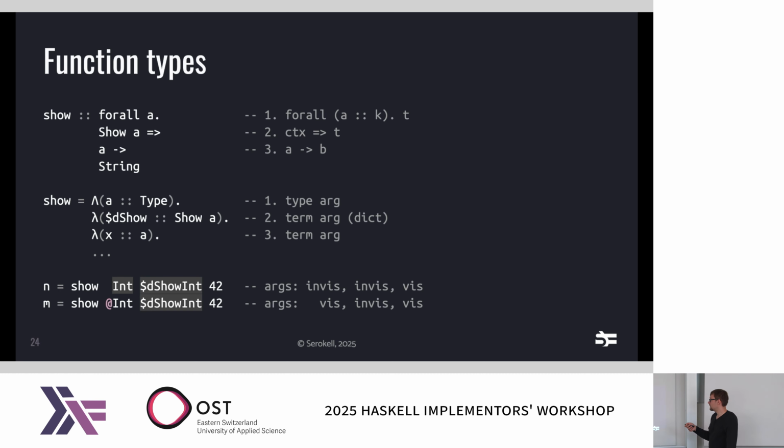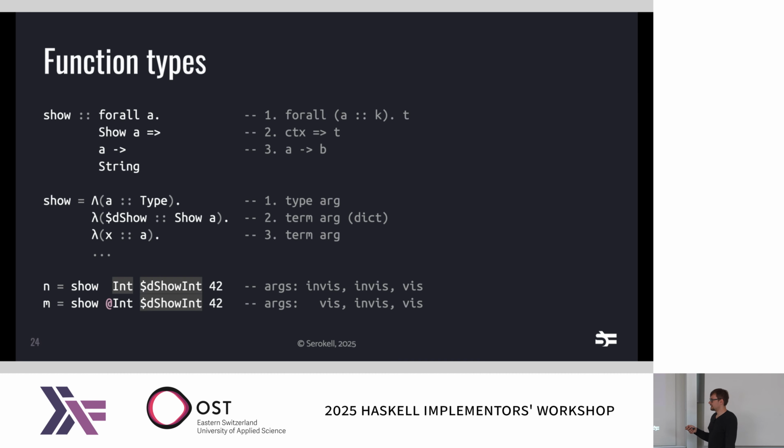And we say that show first takes the type of the thing that we'll be showing. Then for the constraint at the term level in the core representation, we have a dictionary that contains the method implementations. So for show, it will be show and showSPrec, I think. So inside this dictionary, there is the actual code or a pointer to the code that converts the value to a list of characters.